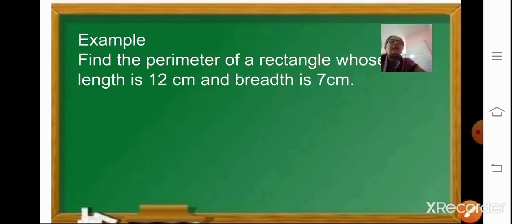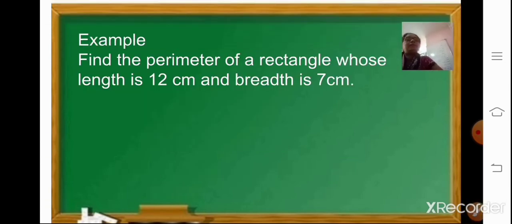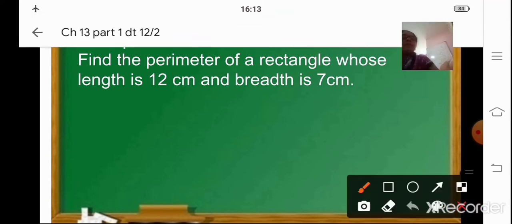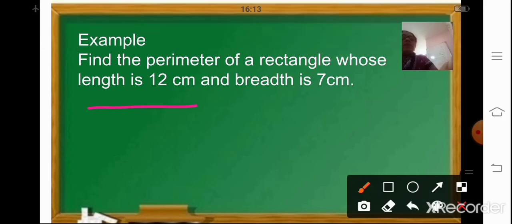Okay, let us see an example here. Find the perimeter of a rectangle whose length is 12 centimeter and breadth is 7 centimeter. Yes, we'll draw a rectangle here.